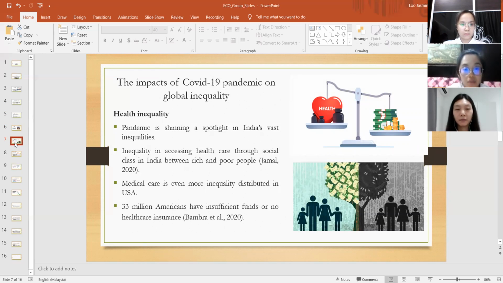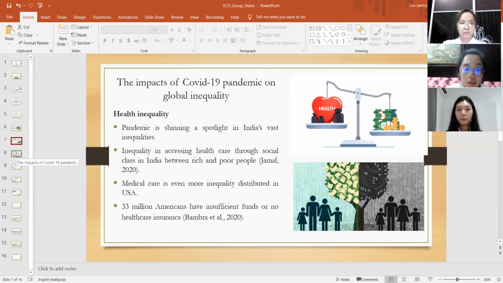The first impact would be the health inequality in accessing healthcare. The inequality often happens between rich people and poor people when accessing healthcare. According to JAMA 2020, the pandemic is shining a spotlight on India's vast inequality, from healthcare to employment rights. Under India's healthcare system, everyone should be able to receive either free or highly subsidized care at public hospitals depending on their income.